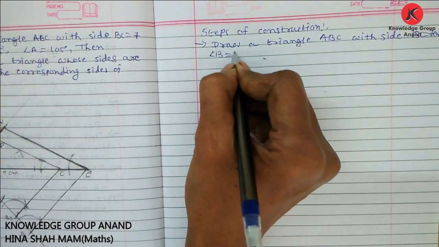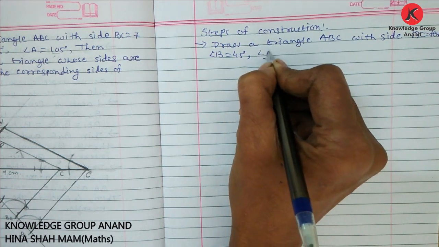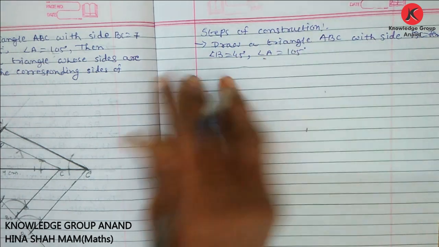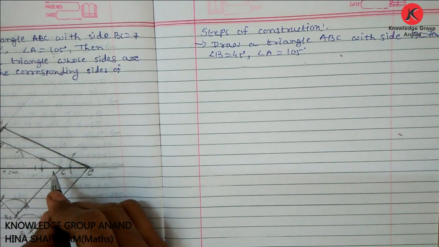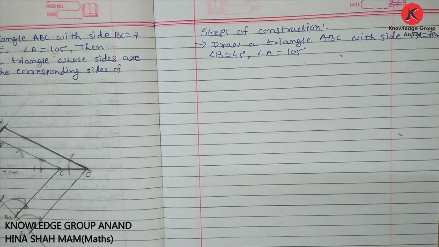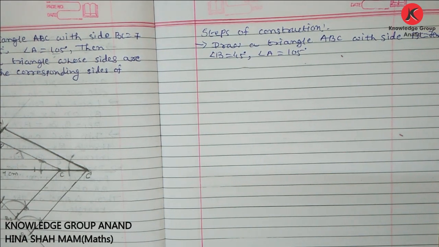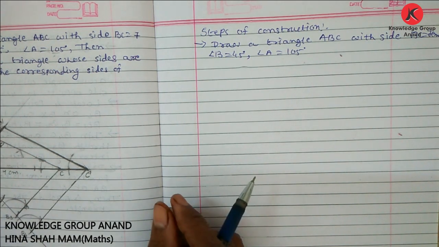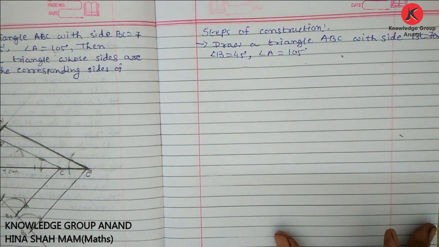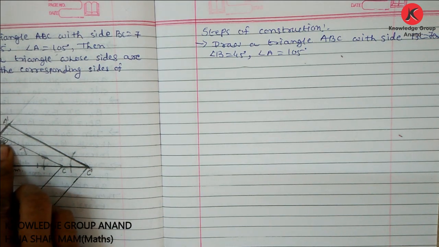Angle B is equals to 45 degree. Angle A is equals to 105 degree. How it is 105? Then we draw angle C is equals to, find angle C. Angle A plus B plus C is equals to 180. Therefore, angle C is equals to 180 minus A plus B is equals to 150. 180 minus 150, angle C is equals to 30. Here we draw angle C is equals to 30, then it is 30, 45, it is 105.